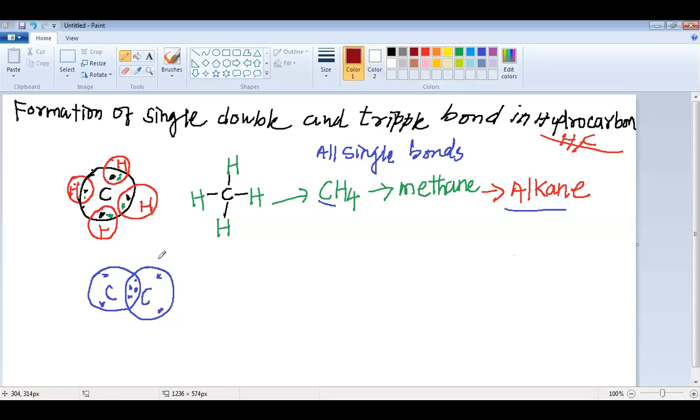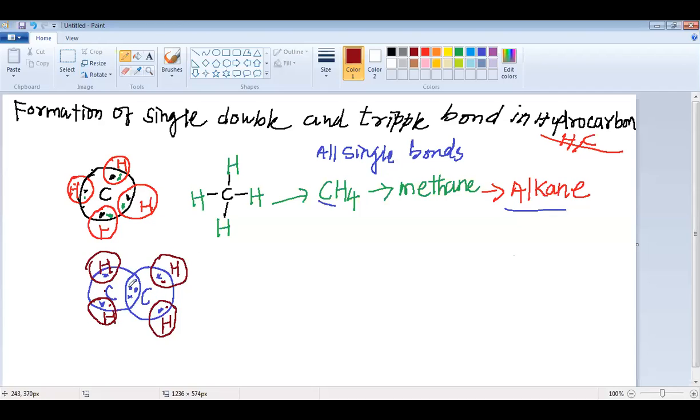As these 2 single electrons are left with each carbon, these electrons are shared with the electrons of hydrogen. So you can see here that each carbon shares its 2 electrons with 2 hydrogens.